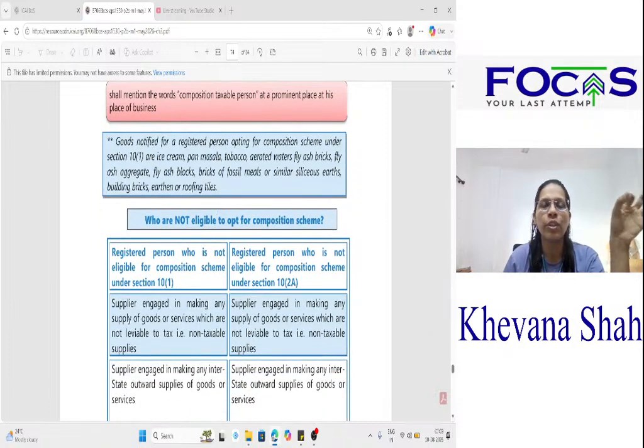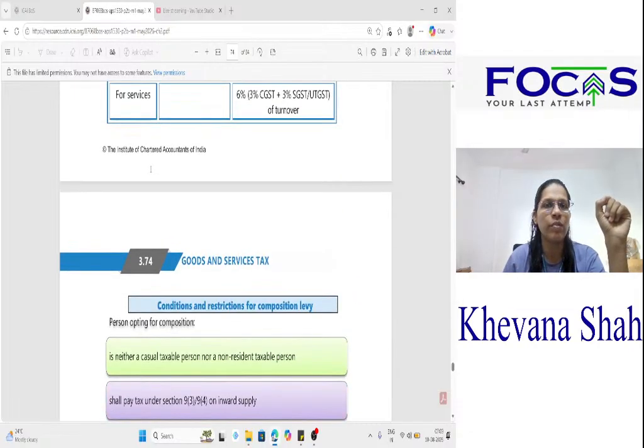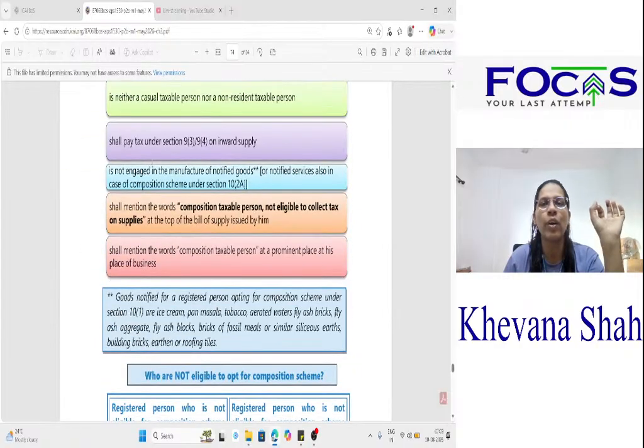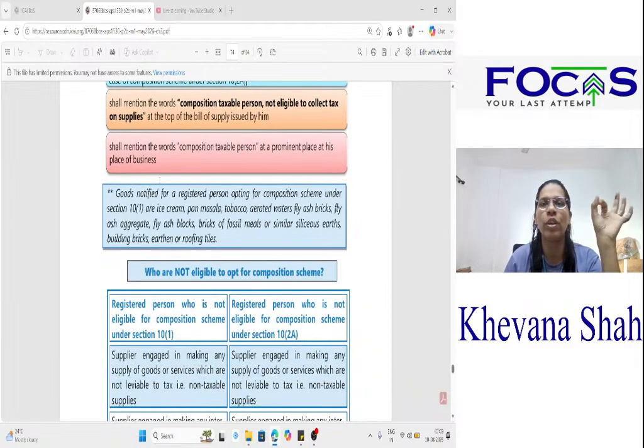Now, goods notified for a registered person opting for composition scheme under section 10(1). We have seen that if you are engaged in the manufacture of notified goods, you cannot opt for composition levy. So what are these goods?